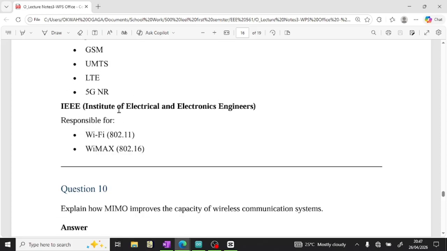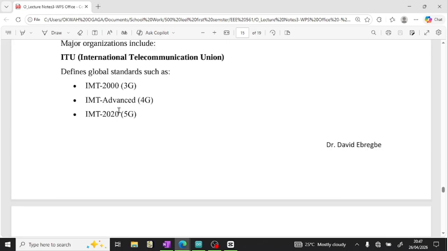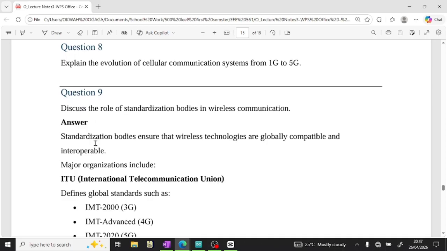Okay, so these ones are just standardized bodies. You can actually just look at these things, but you understand the role of these bodies. I think this question is just at this point. What's their role? To ensure that wireless technologies are globally compatible and interoperable. Okay. So what does this even mean?